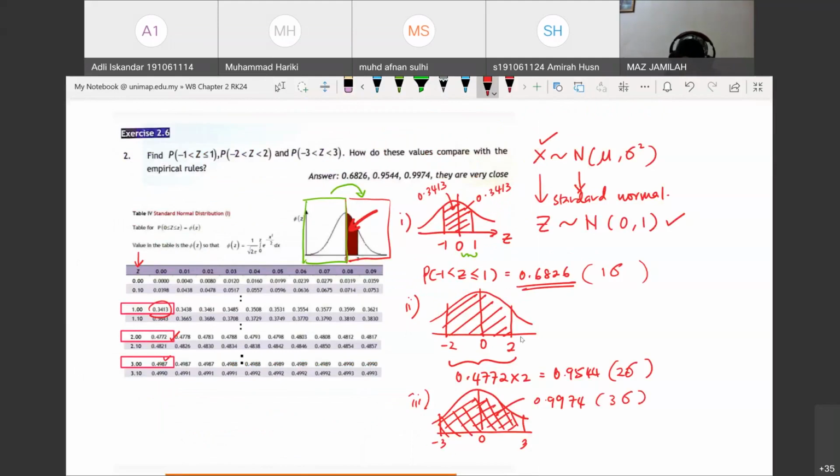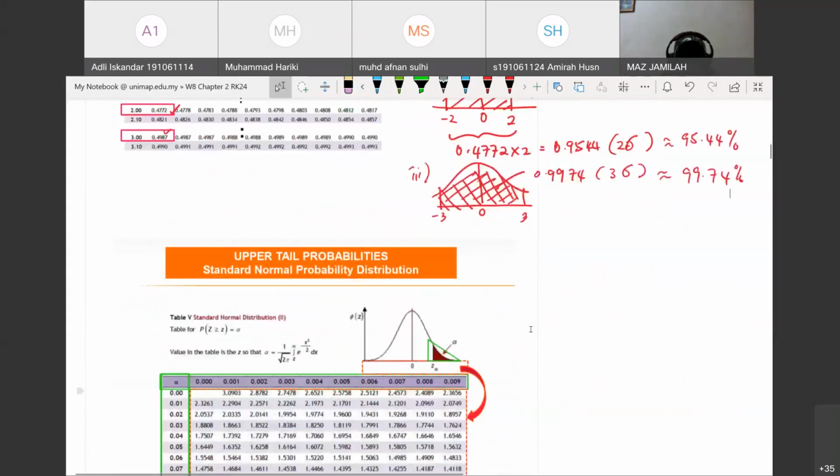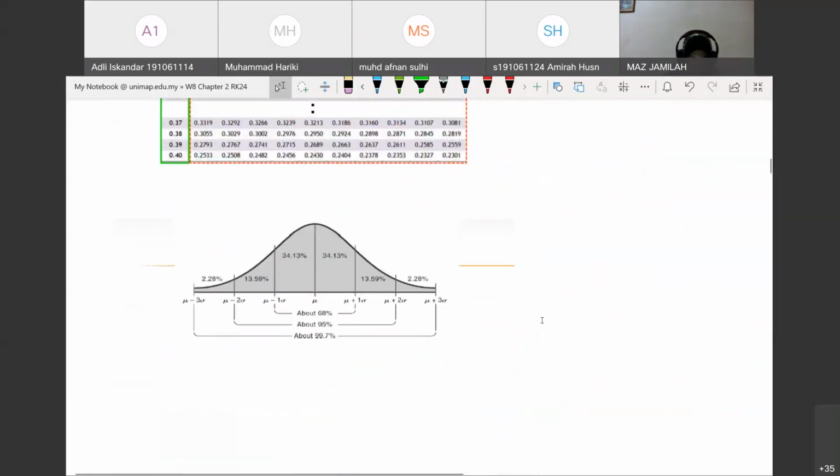So this will be 68.26%, this would be 95.44%, and this would be 99.74%. And if we look at the empirical rules, we have what we have just discussed. So that's how we relate the probability under the shaded area with the empirical rule.